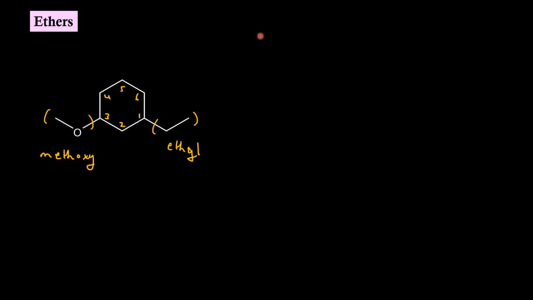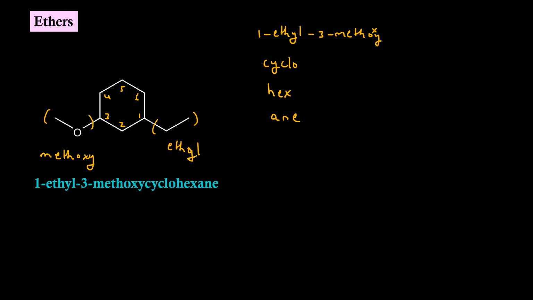Secondary prefix will be 1 ethyl, 3 methoxy. Primary prefix is cyclo. Root word is hex. Primary suffix is ane. IUPAC name will be 1 ethyl 3 methoxy cyclohexane.